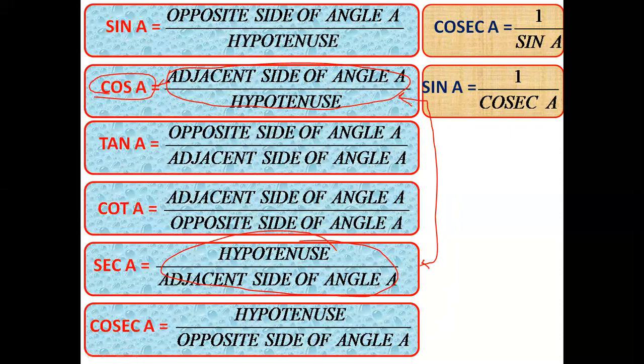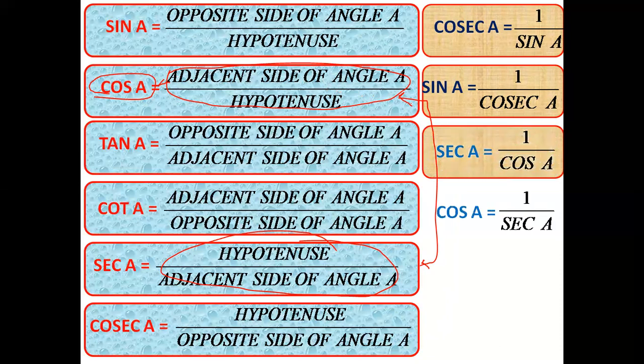Cos A and sec A are reciprocal to each other. So sec A is equal to 1 by cos A, and cos A is equal to 1 by sec A.